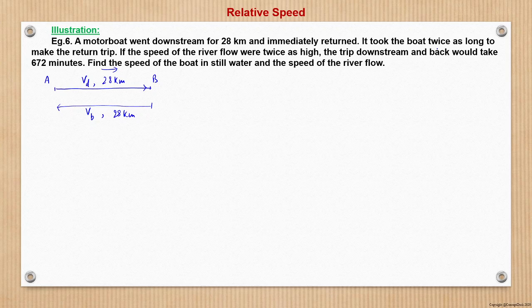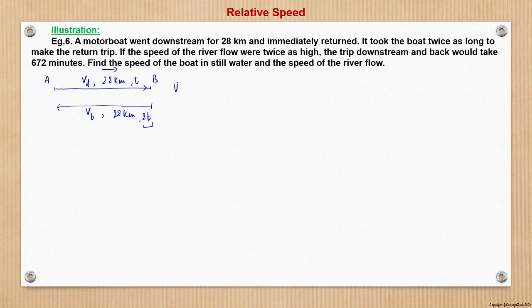It took the boat twice the time, so here it is taking 2t. Here it was taking t, right? So now see, time is twice. The distance they are covering is the same, so if the boat is taking twice the time to cover the same distance, it means that speed would be half of the first case.